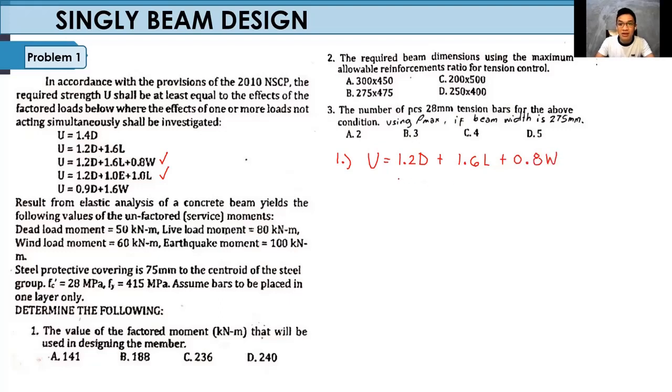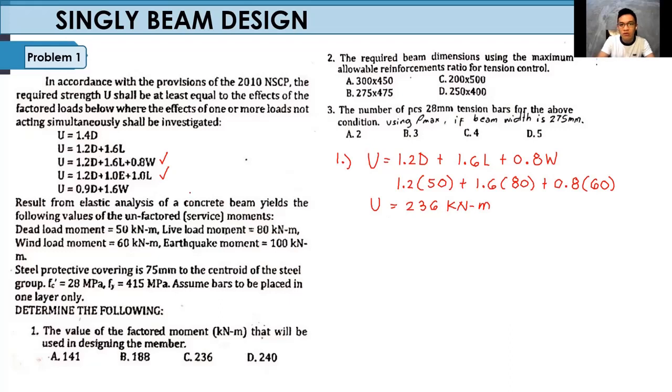So, substitute lang po natin: 1.2 dead load natin would be 50 kilonewton meter plus 1.6, then live load natin would be 80 kilonewton meter. And then lagyan natin ng wind load which is equivalent to 0.8 times 60. Okay? So by using the calculator, ang kalabasan po nito is 236 kilonewton meter in a moment.